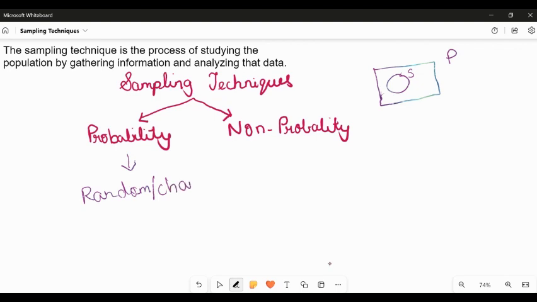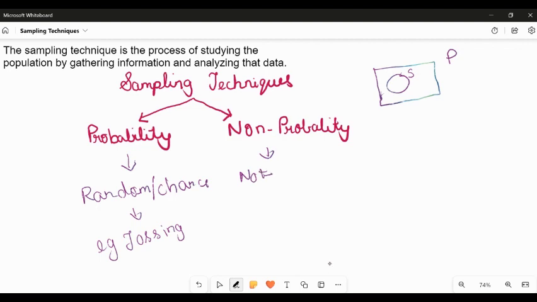I can give one good example: a coin toss. By tossing a coin, we have a 50-50 percent chance of getting heads or tails. So tossing a coin is the best example of probability. Non-probability is exactly the opposite of probability: it is not random based.